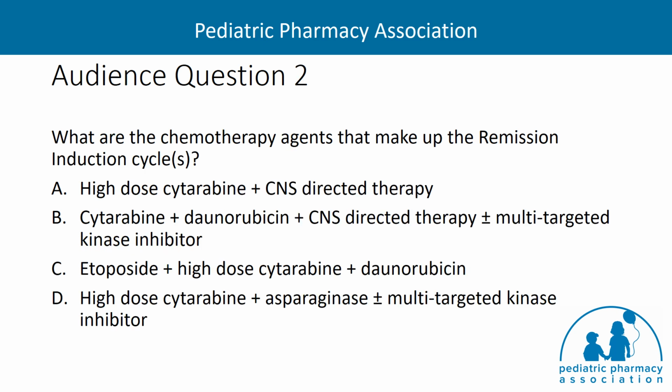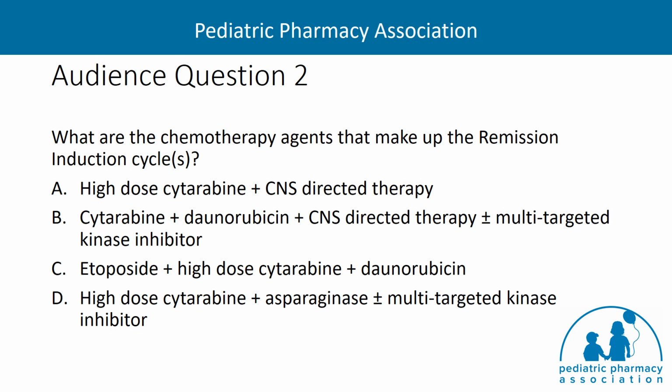For audience participation question number 2, what are the chemotherapy agents that make up the remission induction cycles? A. High-dose cytarabine and CNS-directed therapy. B. Cytarabine, daunorubicin, CNS-directed therapy, plus or minus multi-targeted kinase inhibitor therapy. C. Etoposide and high-dose cytarabine and daunorubicin.